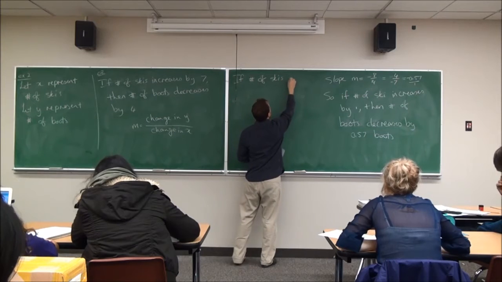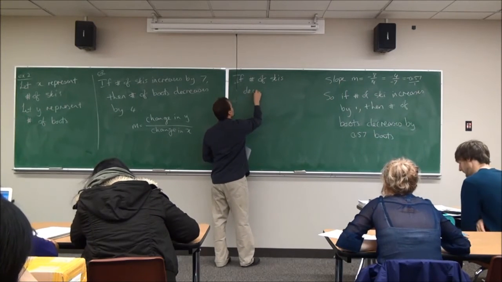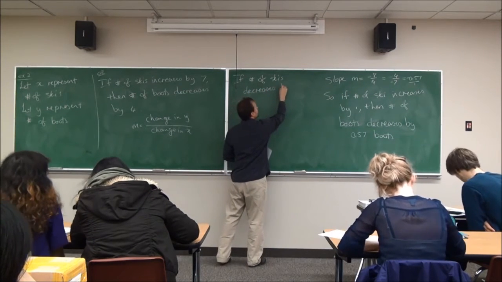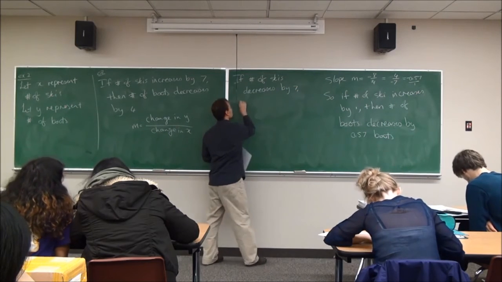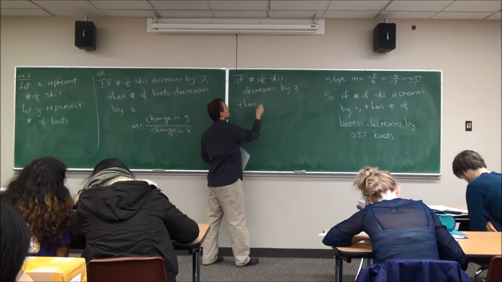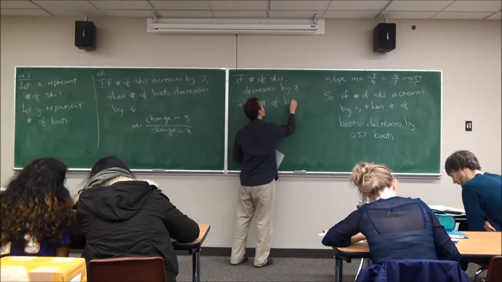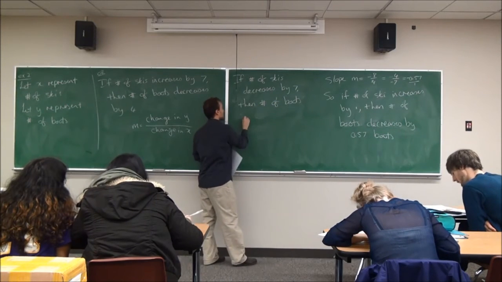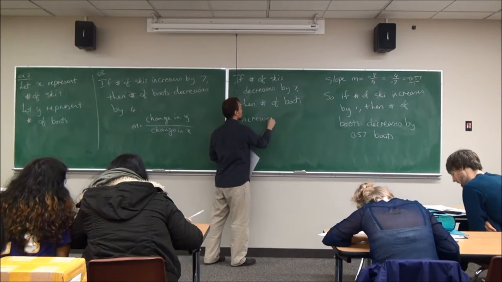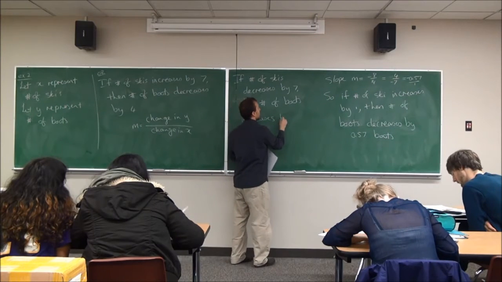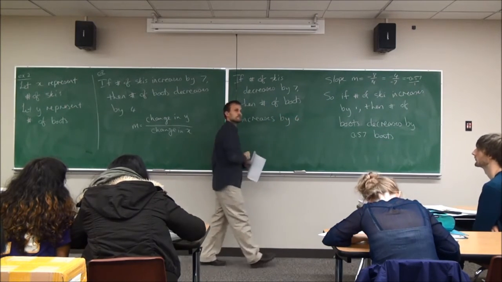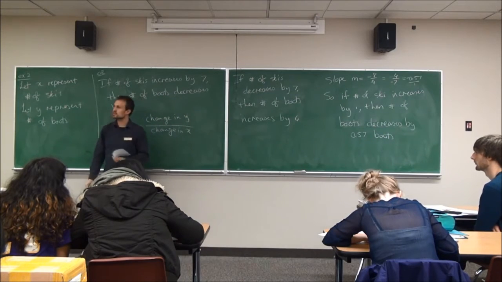If the number of skis decreases by 7, then that is going to give me that the number of boots has to increase by 4. So they're all saying the same thing.